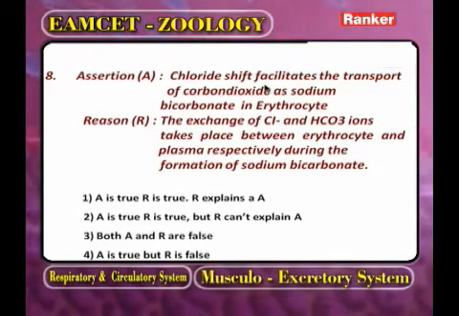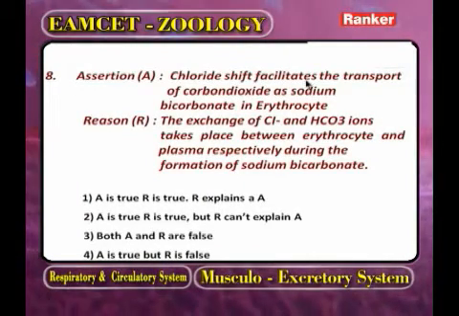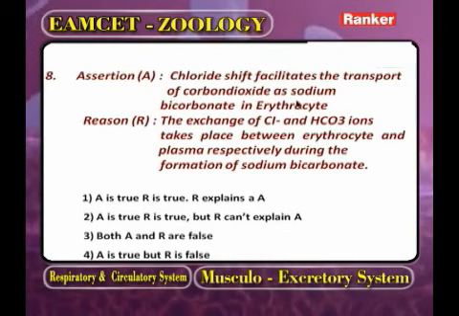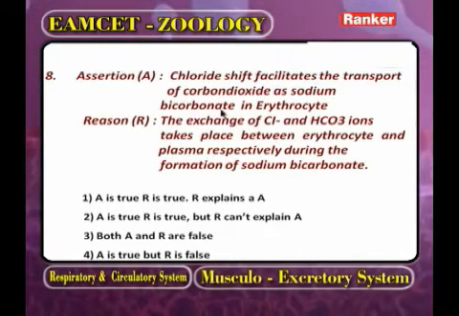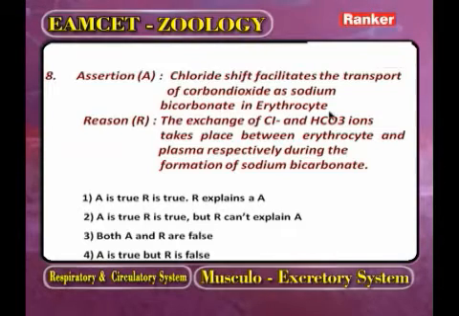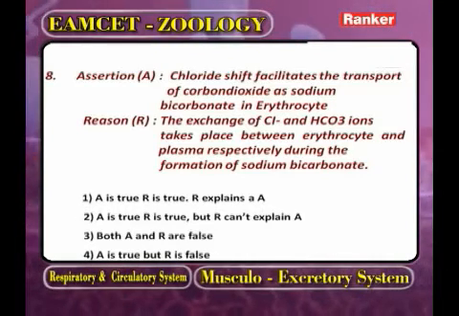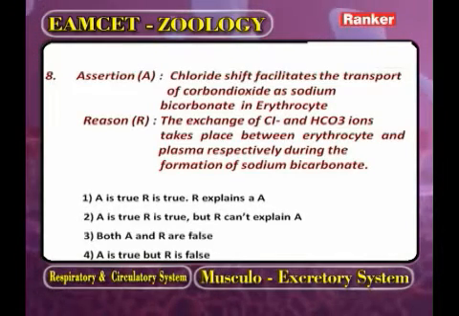Chloride shift facilitates the transport of carbon dioxide as sodium bicarbonate in erythrocyte. Now again you observe the assertion. Chloride shift facilitates, that means helps, to transport carbon dioxide as sodium bicarbonate.